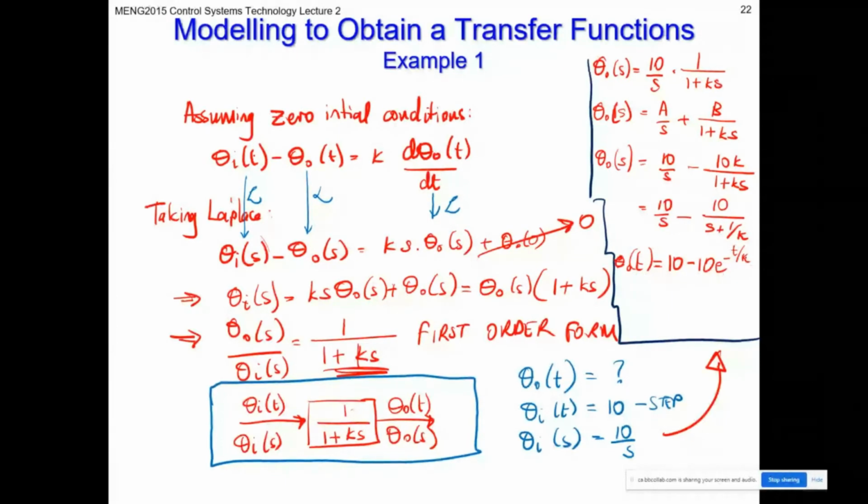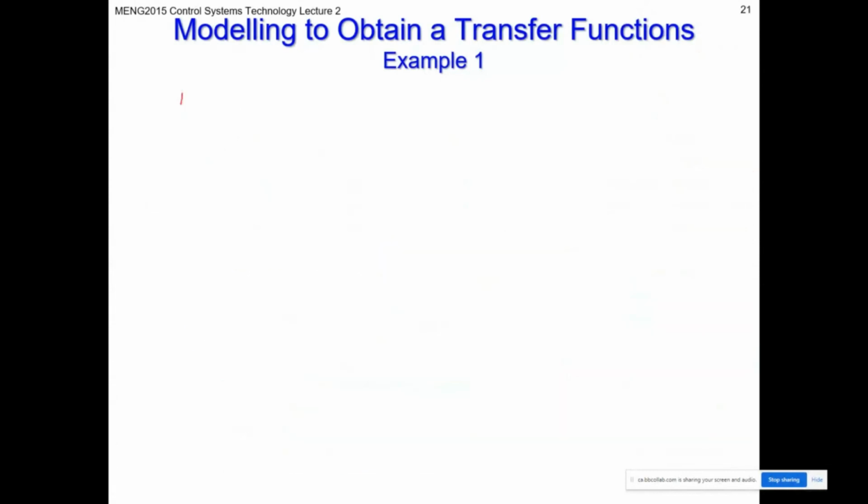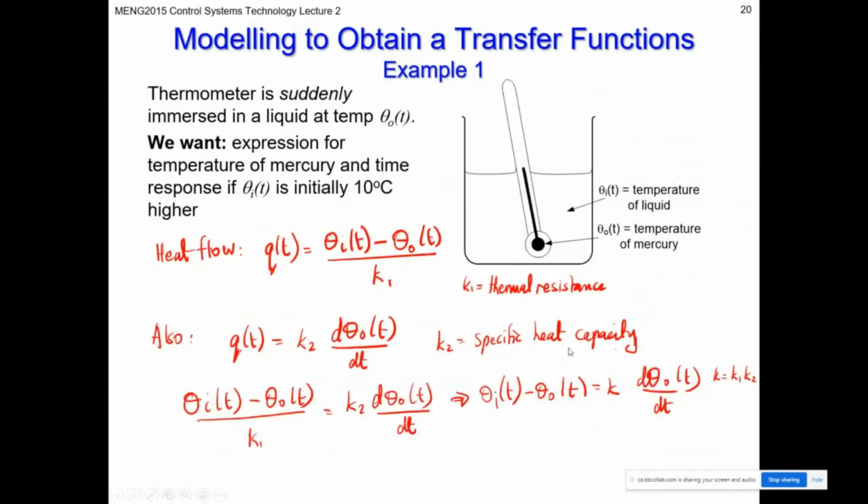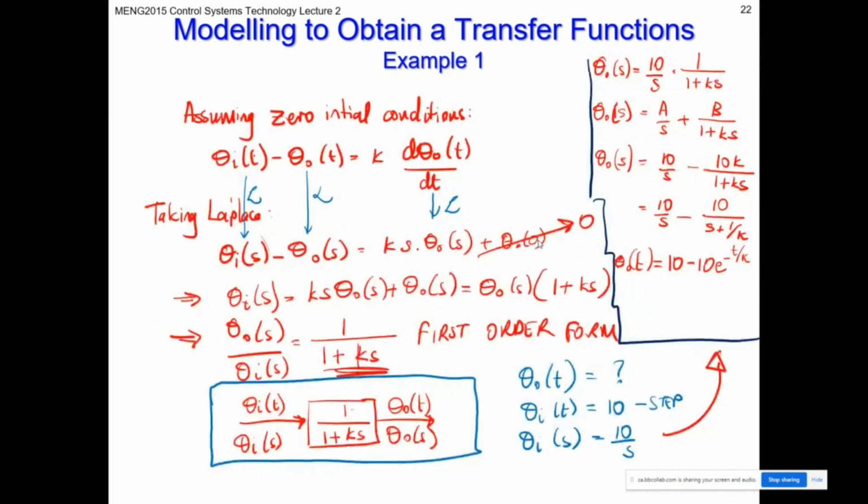Now we still have this k as an unknown parameter here. So once you get a value for k based on an actual system, remember you've got the thermal resistance K1 and the specific heat capacity of the mercury K2 as the two elements of that unknown constant K. Once you get numerical values for that, then you could plug that in and get the actual behavior.